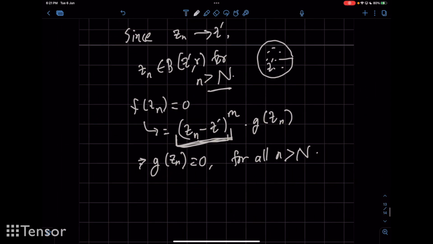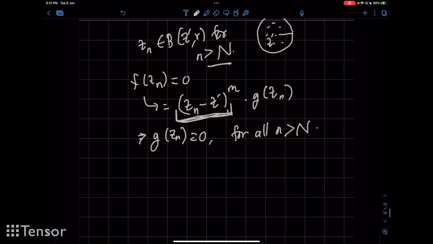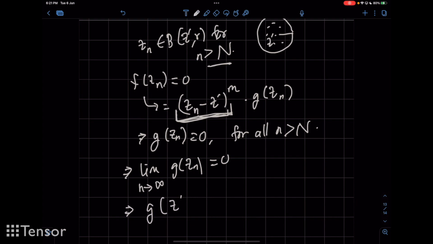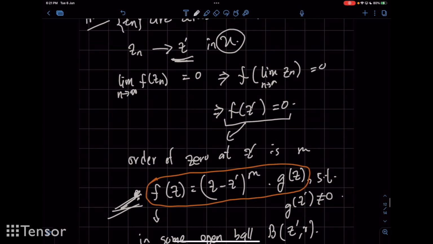Then since Z prime is the limit of Zn, we can take the limit here as well. So the limit as n tends to infinity of g of Zn is also 0. And my g is continuous, so I can take the limit inside of the function, so I have that g of Z prime is 0, which is a contradiction.